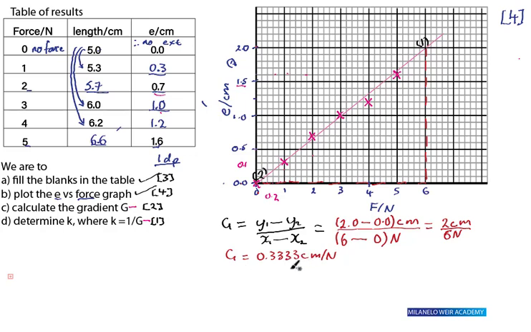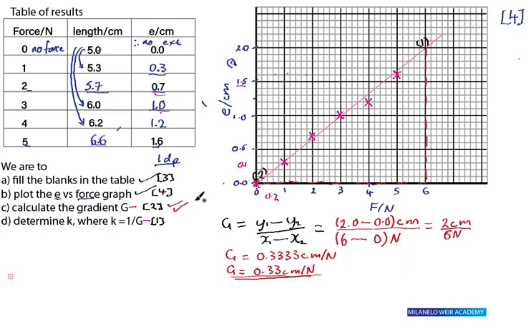So I have to write this correct to 2 or 3 significant figures. So correct to 2 significant figures, 0.33, 0.33 centimeter per Newton. So having done this, I'll get all the 2 marks here. 2 marks. Get it? The units are correct, right?